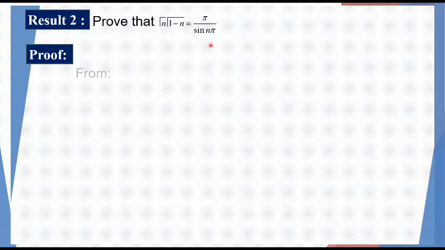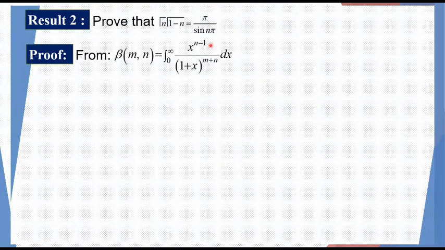Result 2, prove that gamma n gamma (1 minus n) equals pi upon sine n pi. To prove it, we have beta(m, n) equals integral 0 to infinity x raised to power n minus 1 upon (1 plus x) raised to power m plus n dx.